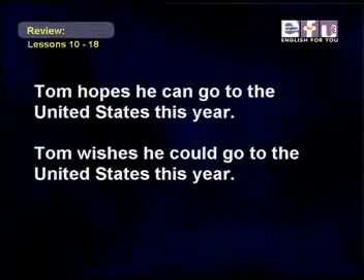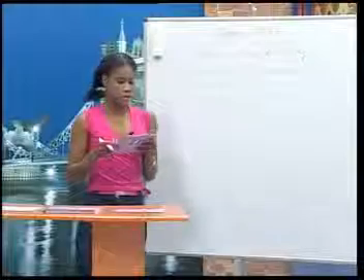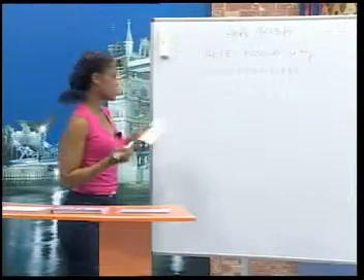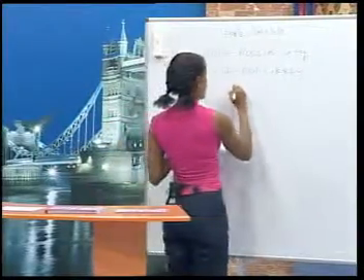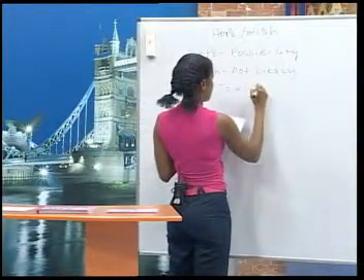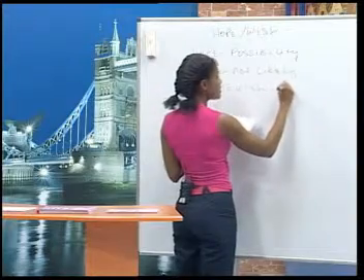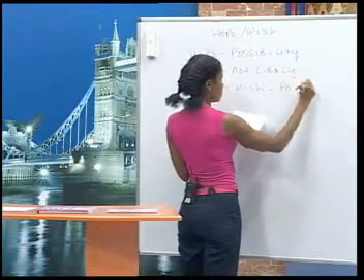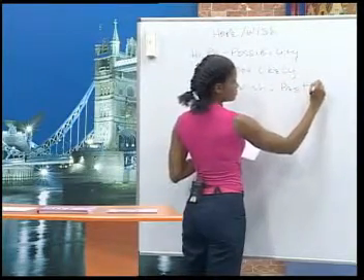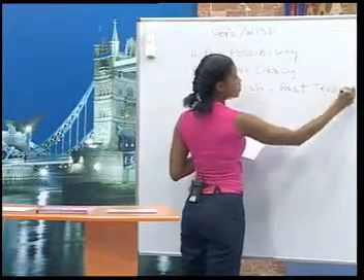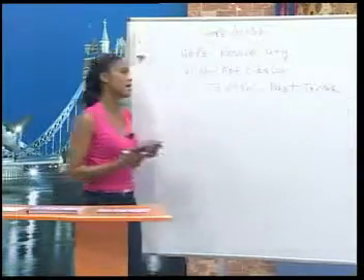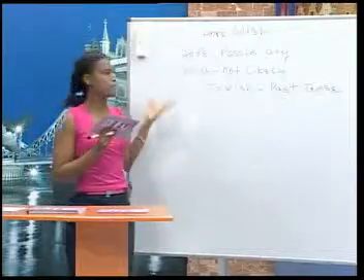So, Tom wishes he could go to the United States this year means there is little or no possibility that he could go. Okay, when we use the verb to wish, we use the past tense of the verb following it. This is to show the difference between reality and non-reality or fantasy.